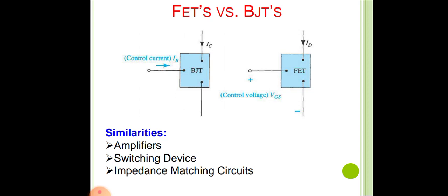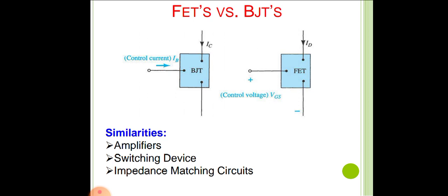So although there are many differences between these devices, there are many similarities between them. The application similarities: it is used as an amplifier, switching device or impedance matching circuit. This is also a three terminal device.